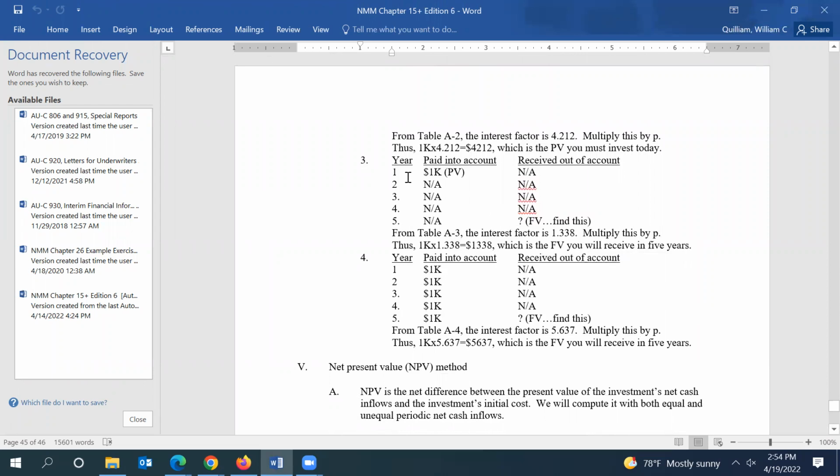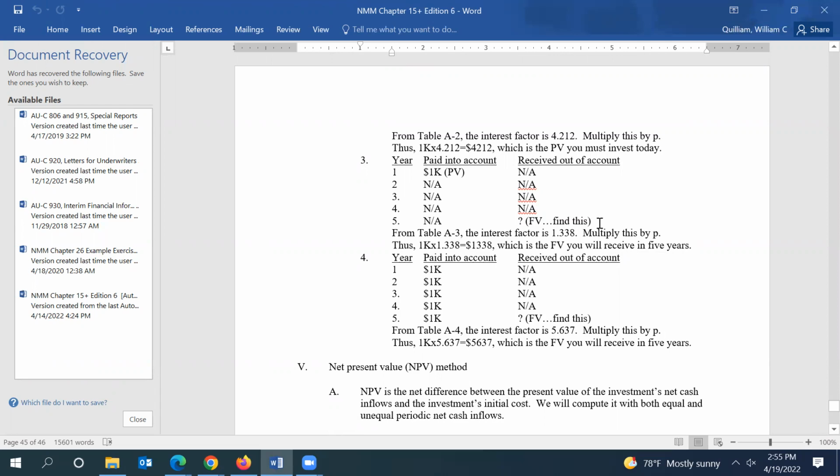So let me diagram what's happening. 5 years. We pay into the account now, here in year one, $1,000. Again, we could say that's the present value. We don't pay anything else into the account. Interest will be earned, but we don't pay anything else into it directly ourselves. We don't receive anything out of the account until the end of 5 years.